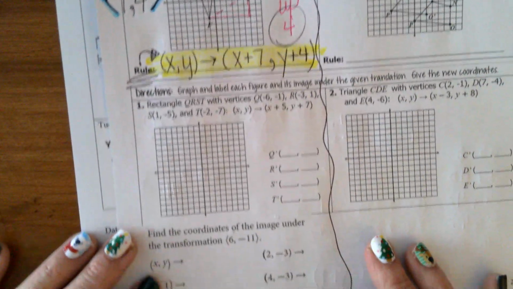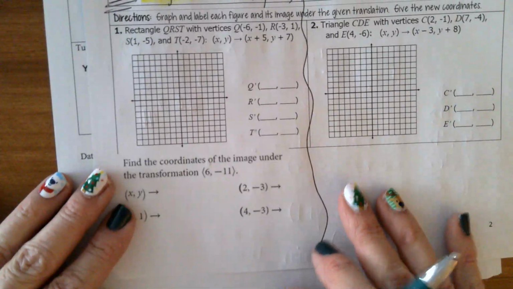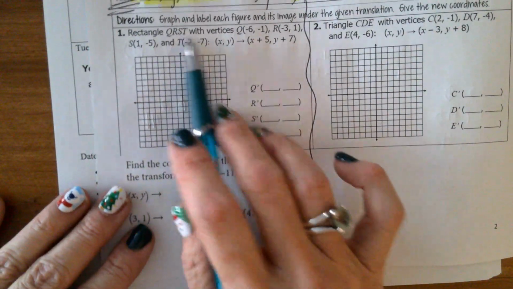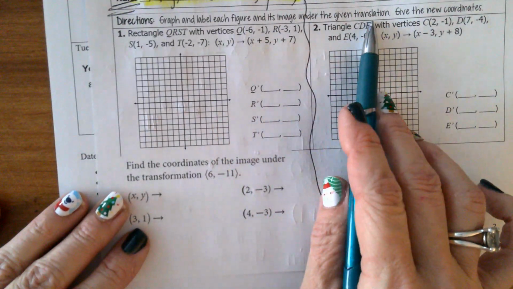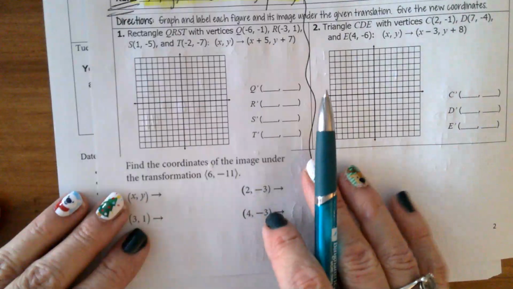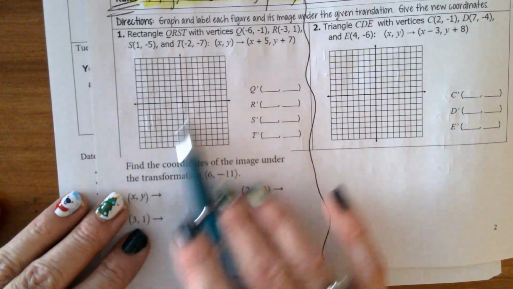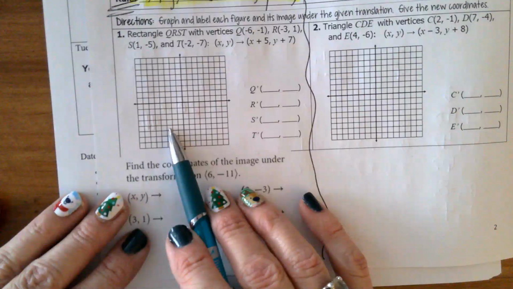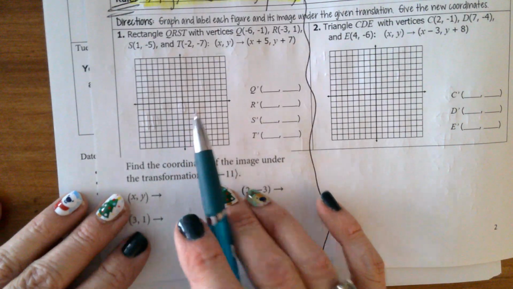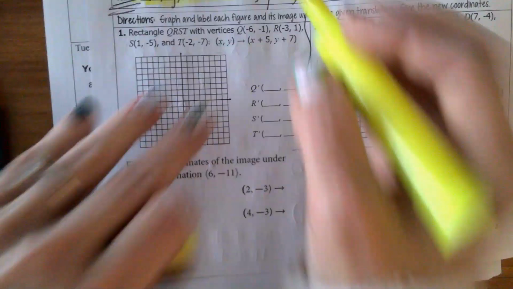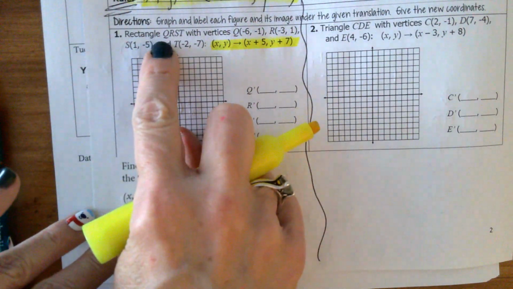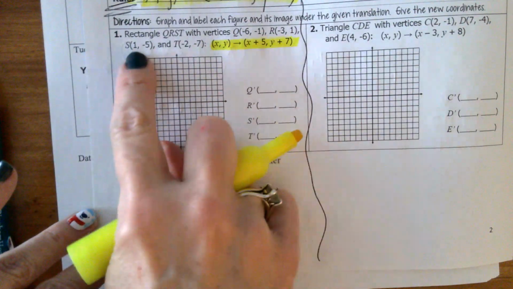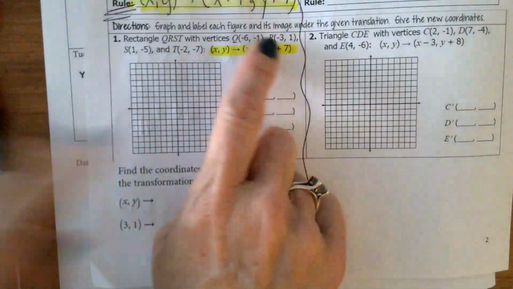Okay, down here, it says graph and label each figure and its image under the given translation and give the new coordinates. I'm not going to graph it immediately. I'm actually going to think about, what does this rule mean? So I have a rectangle here, and it gave you all the ordered pairs for the rectangle. So these are the corners, right?